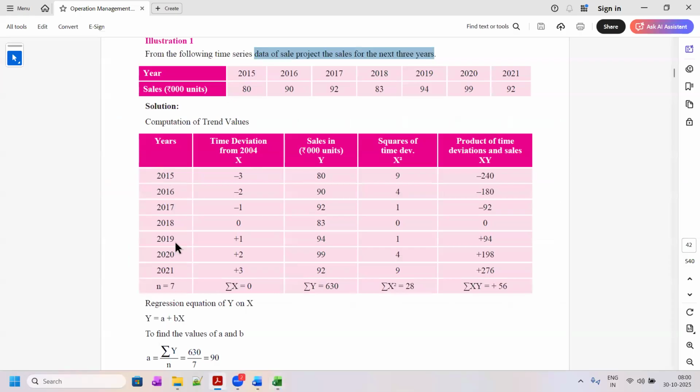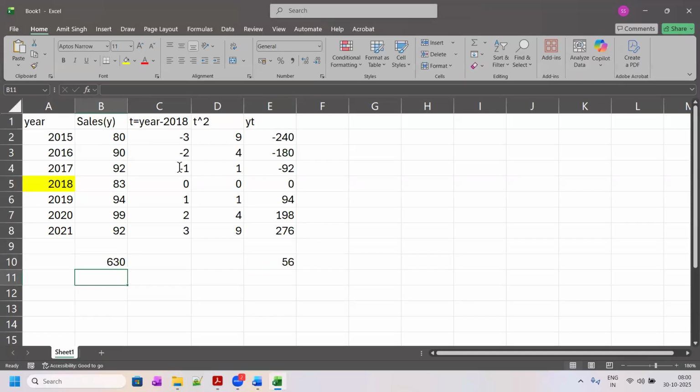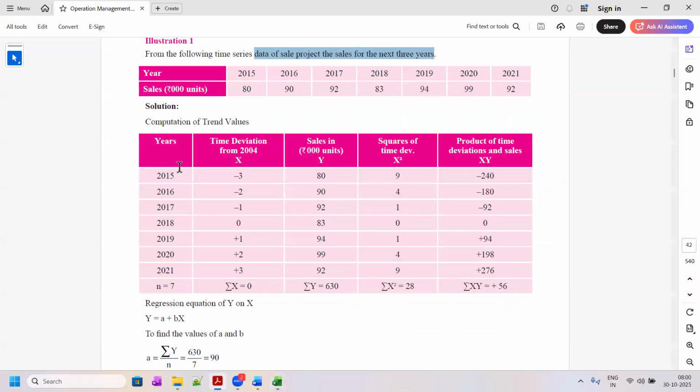Can you see? Here n is 7, so you can find easily the middlemost value. Here they represent with x, and I used the symbol t. I hope you will not mind using any symbol, x or t. Then sales they represented with y.